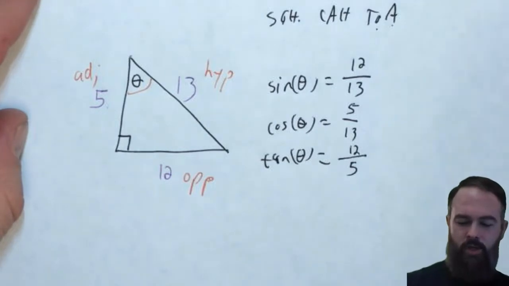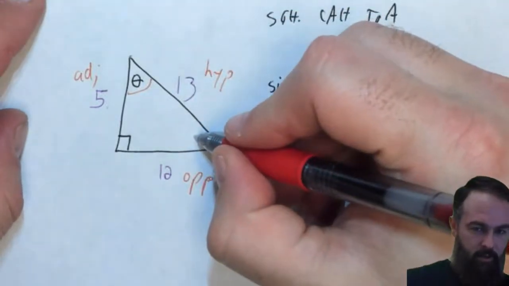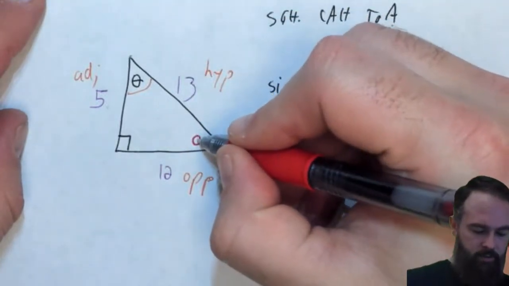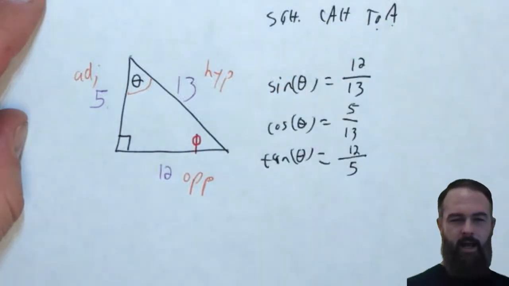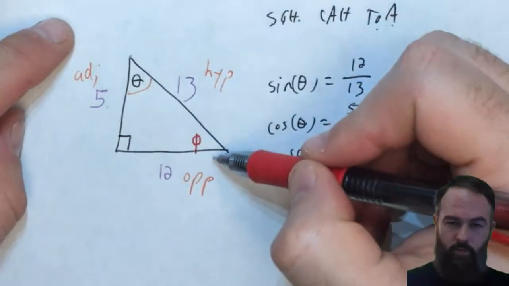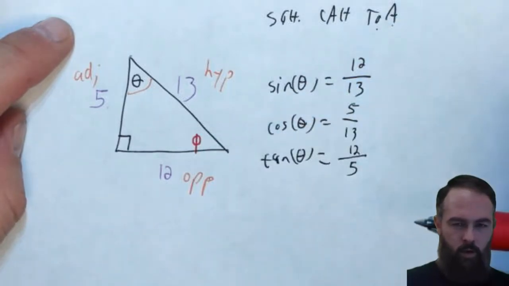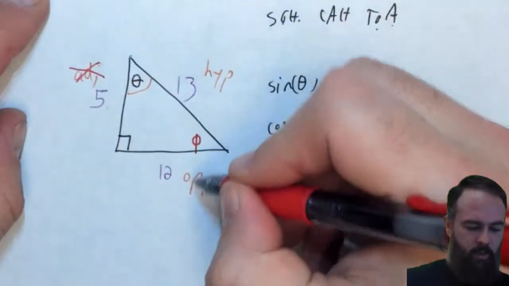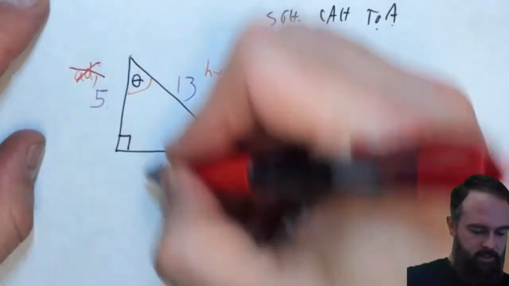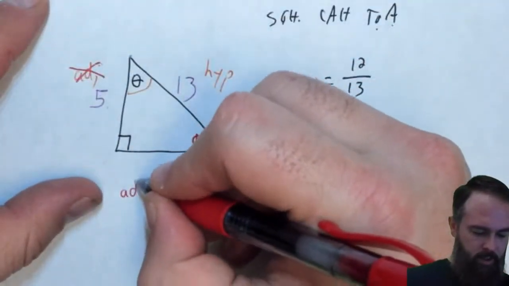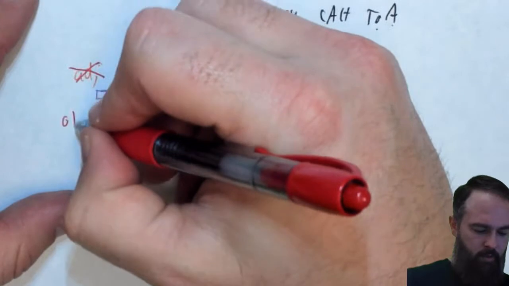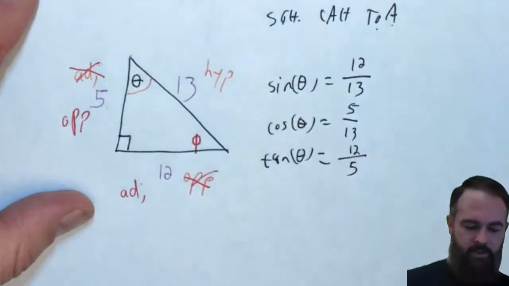Okay? And just for practice's sake, I'm going to label this alternate side over here 5. Now, if I change my point of view, if I change my reference angle, all that does is swap out my opposite and adjacent side. So now this one over here is adjacent, and the one on the left is my opposite side.